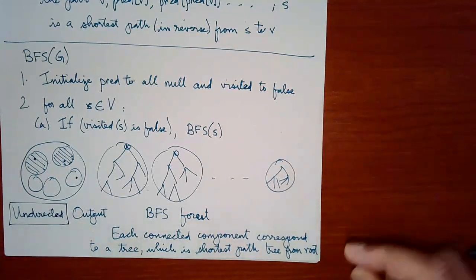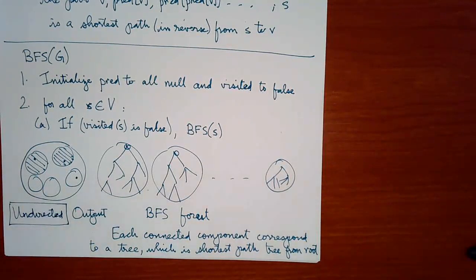When things are directed, it becomes more complicated because connectivity is not a symmetric relationship anymore. We will discuss this when we talk about depth first search, or DFS, which is really where things get interesting with directed graphs. Any questions about this?